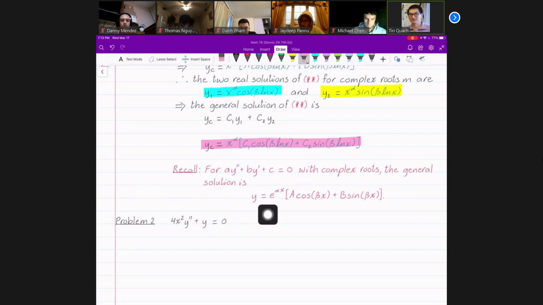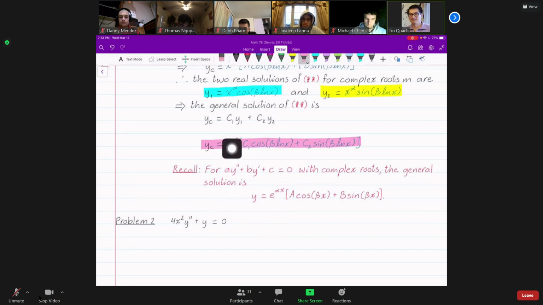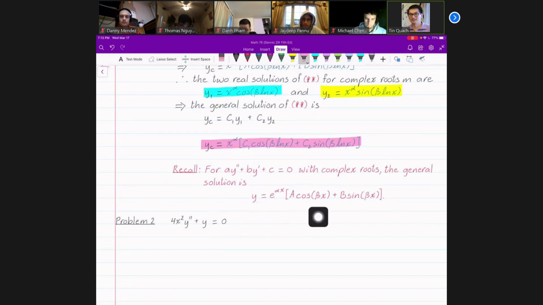So the solution is e raised to alpha x. Instead of e to the alpha x, for the Cauchy-Euler equation it is going to be x to the alpha. And then instead of multiplying the beta by x here, for Cauchy-Euler you multiply by ln x.